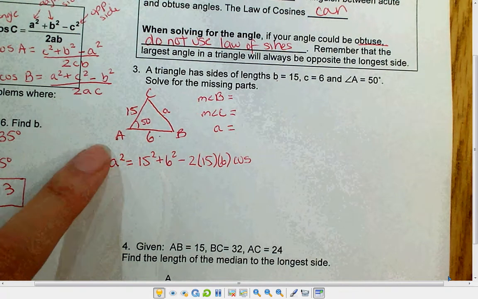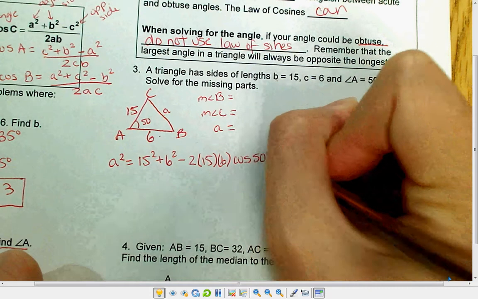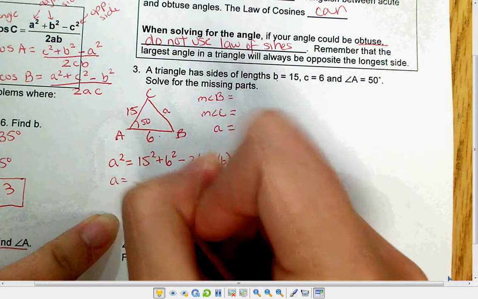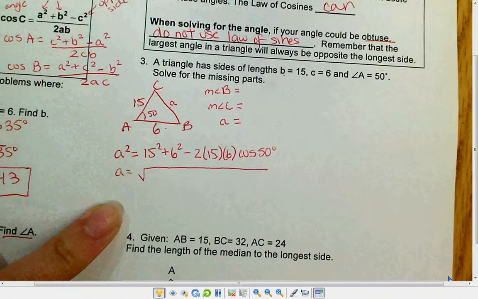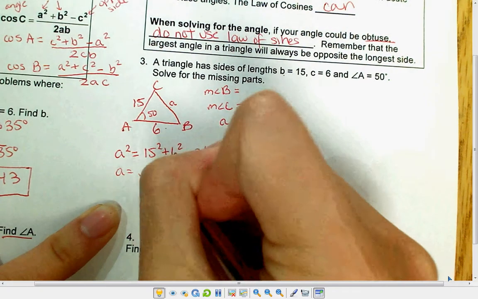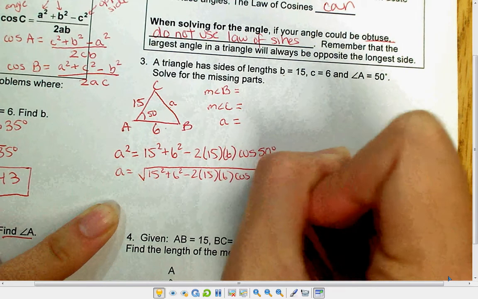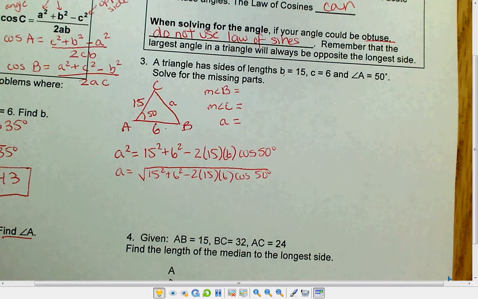So opposite angle is angle A, 50 degrees. And to solve for A, we're just going to put all of this underneath the square root. Okay, so we're going to put this into our calculator.